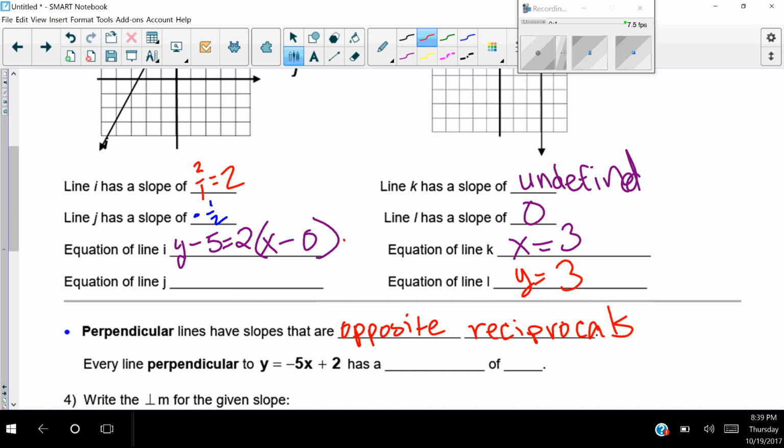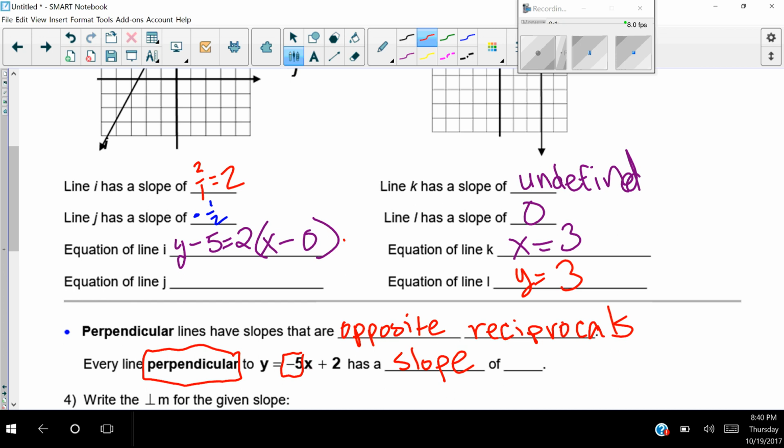Okay, so this word perpendicular, we want every line perpendicular to y equals negative 5x plus 2 to have a slope of, so the opposite means, what is the opposite of a negative?